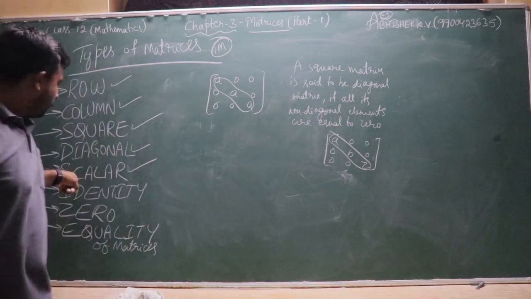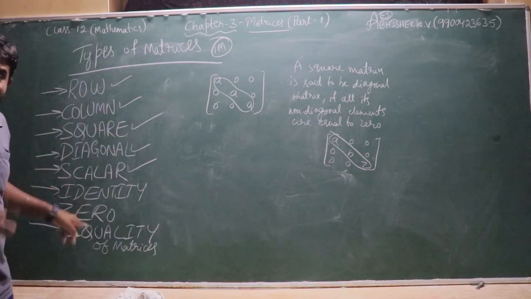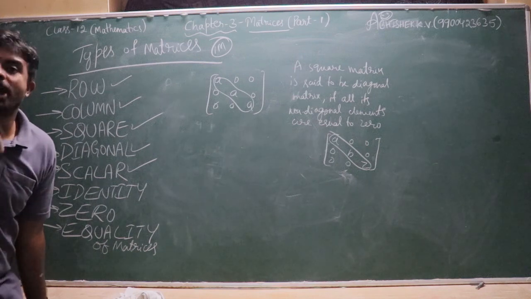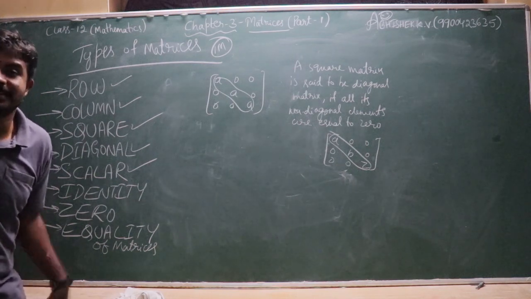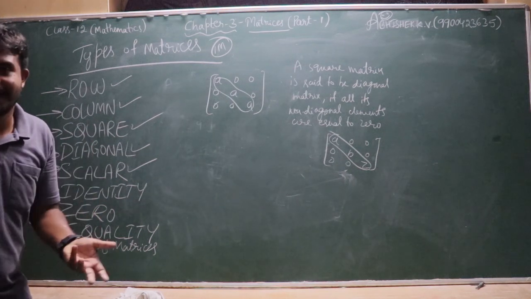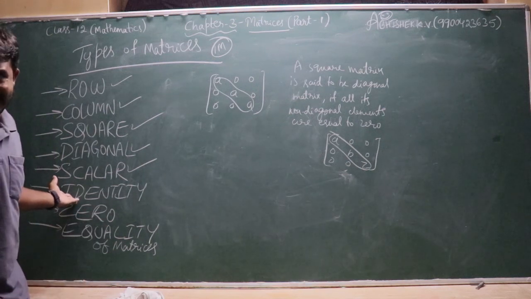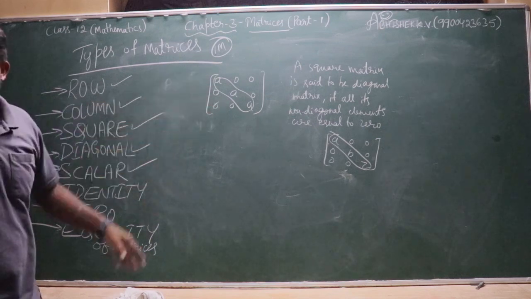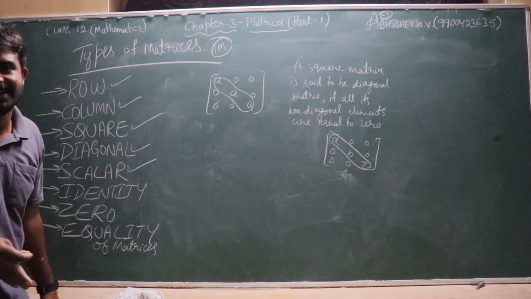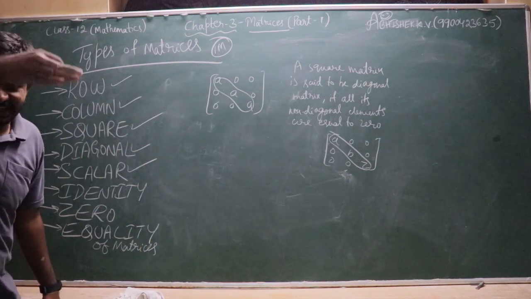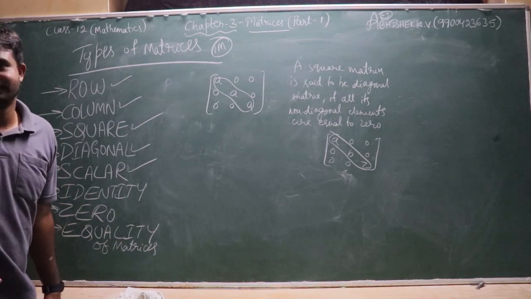Why? To define the identity matrix, all diagonal elements are equal to 1. The rest of all elements means non-diagonal elements. Therefore, we can also state the definition of the identity matrix as: a diagonal matrix is said to be an identity matrix if all its diagonal elements are equal to 1.